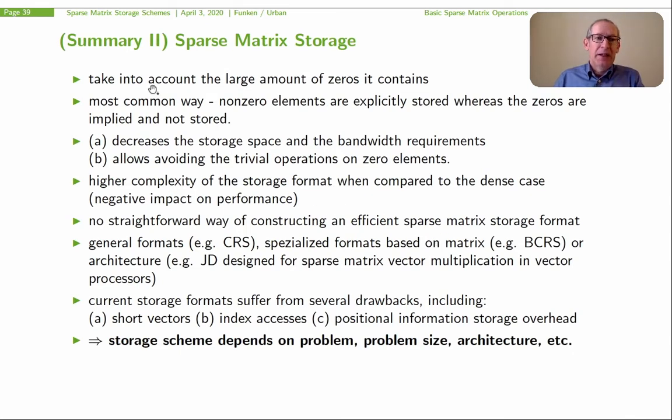To summarize, we would like to take into account the large amount of zeros a sparse matrix contains. In the most common ways, only the non-zero elements are explicitly stored, and the zeros are implied. Of course, this decreases the storage space, the add-on, and the bandwidth requirement, but it allows avoiding the trivial operations on zero elements.